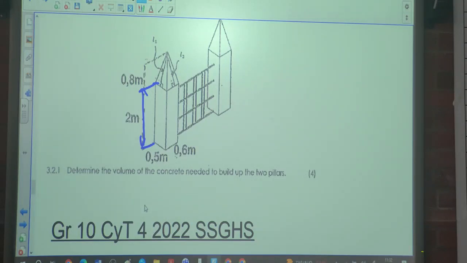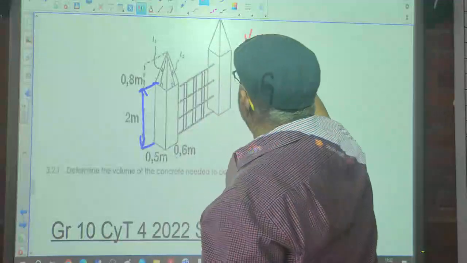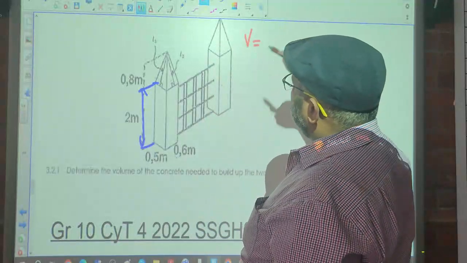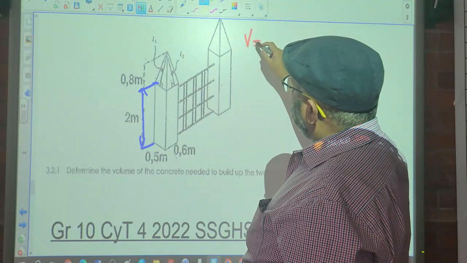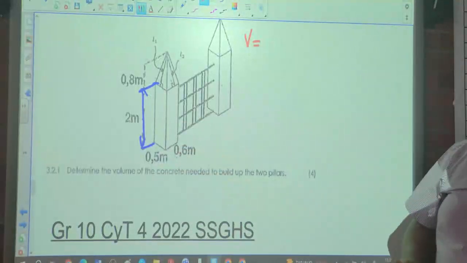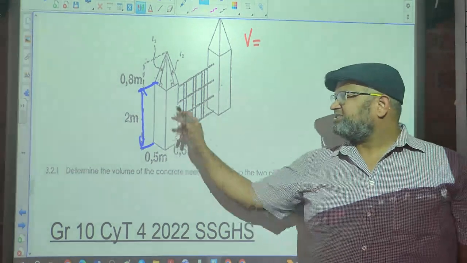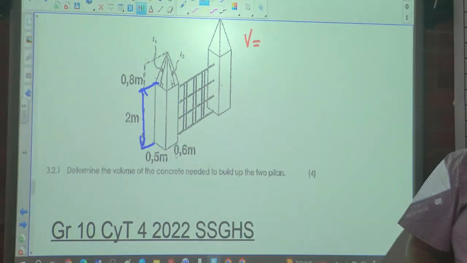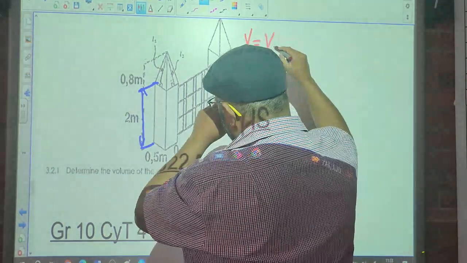The question says: determine the volume of the concrete needed to build the 2 pillars. So the volume of 1 is going to be the volume of the rectangular pyramid plus the rectangular base prism. They must be different. So how do you calculate the volume of a pyramid?